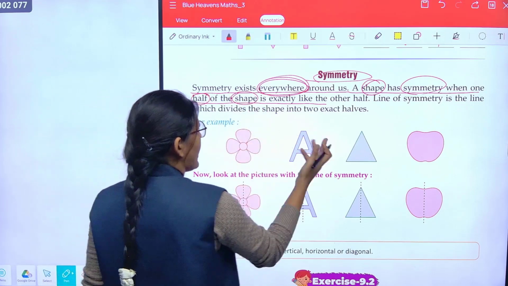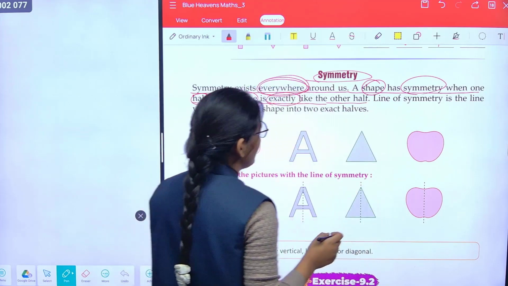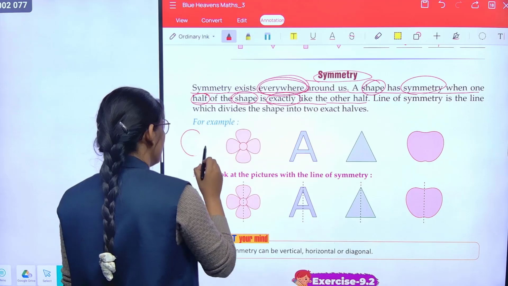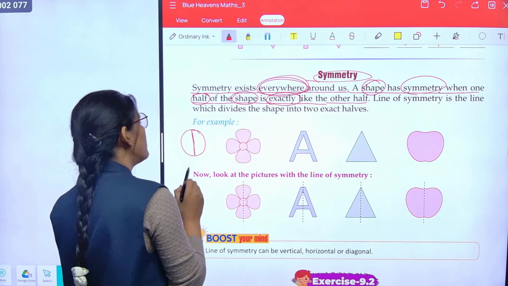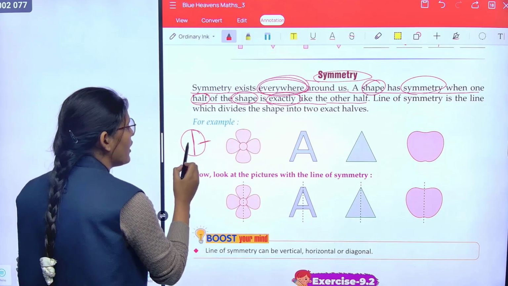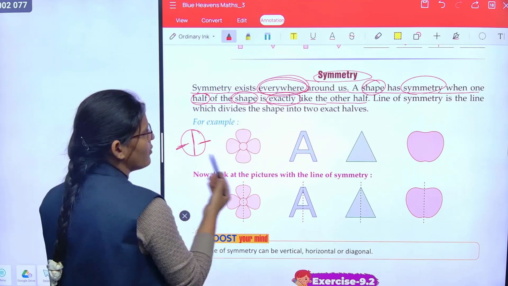Suppose this is a circle and we make its symmetry. Symmetry happens when its half is exactly the same as the other half.